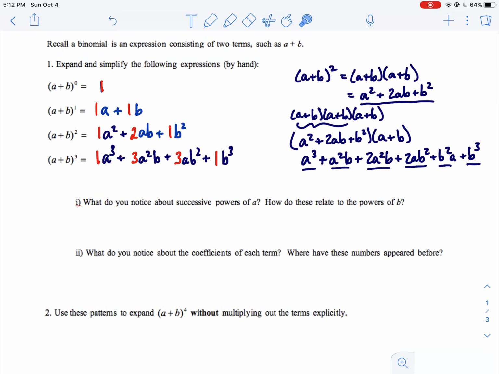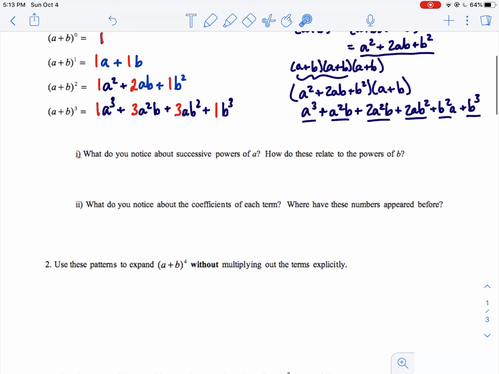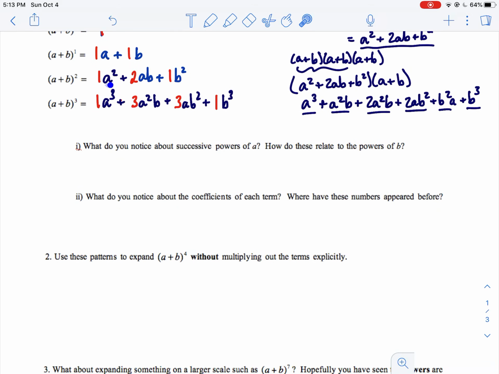In the first one, it was a to the first, and then the a was gone. When I was squaring, a was squared, then it dropped to a to the first in the next term, and then the a was gone. When I cubed it, it started out cubed, then it was squared, then to the first, and then it was gone.